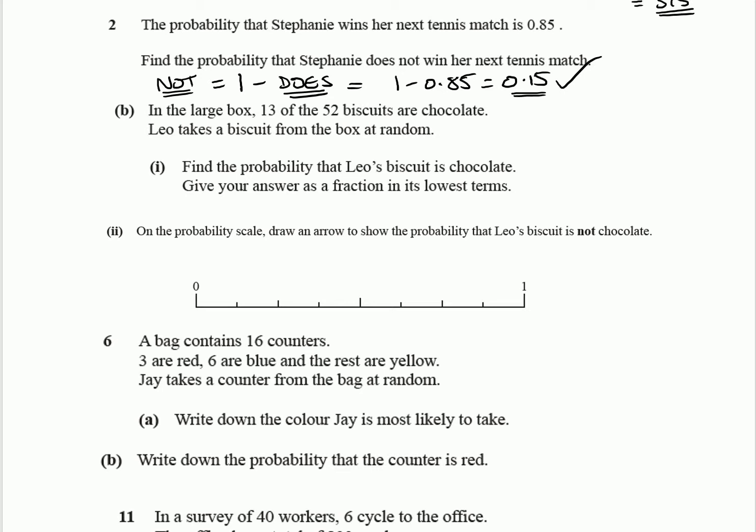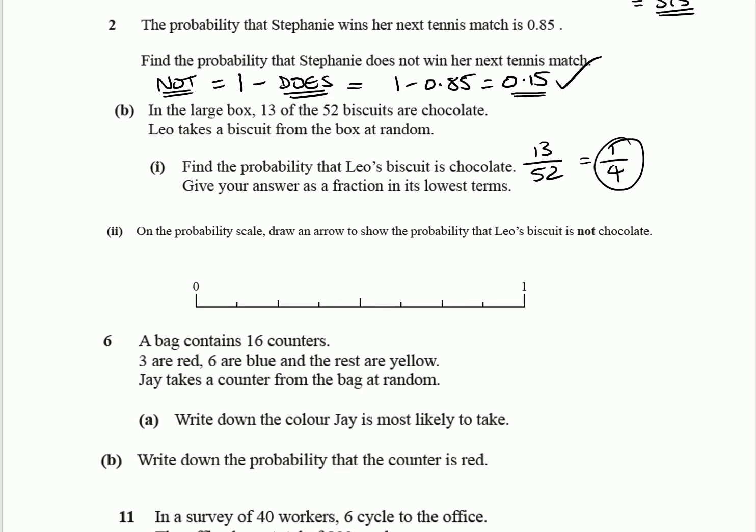In a large box, 13 of the 52 biscuits are chocolate, and Leo takes a biscuit from the box at random. I want to find the probability that his biscuit is a chocolate biscuit. Well, 13 out of those 52 are chocolate. Type that into your calculator, and it will give you a fraction simplified down to 1/4.